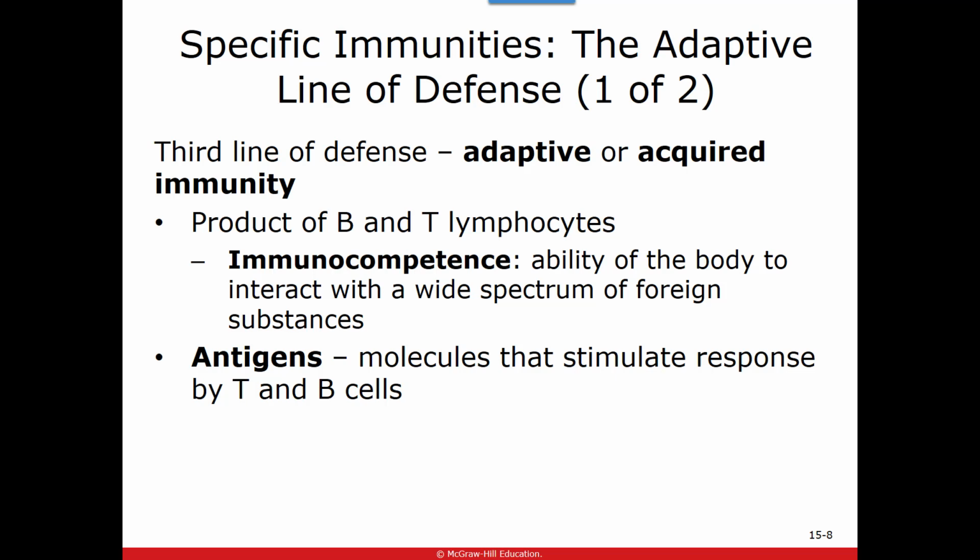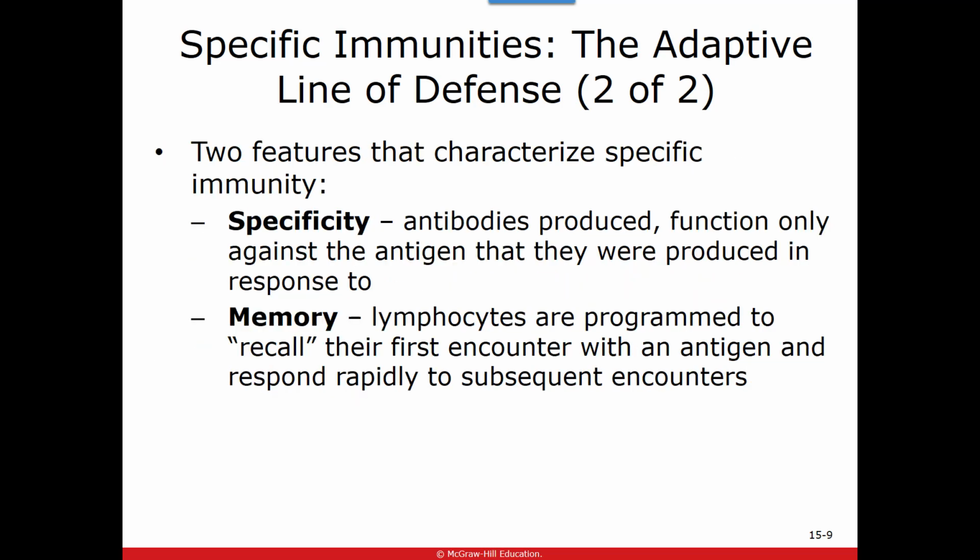Now, an antigen is any type of molecule that's going to stimulate an immune system response. So anything that the body perceives as foreign is going to stimulate some type of immune response, either by the T cell or the B cell or both. The features of our adaptive immune system is that it has that specificity.